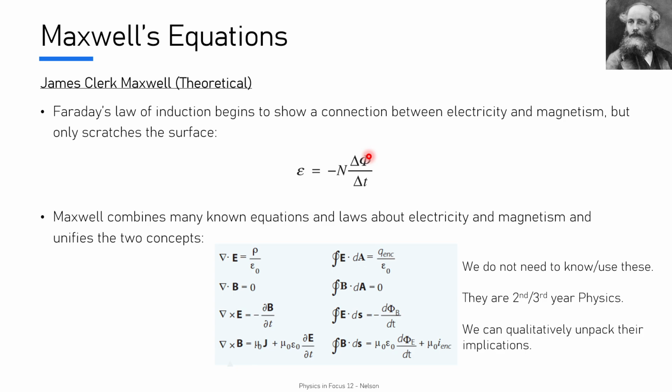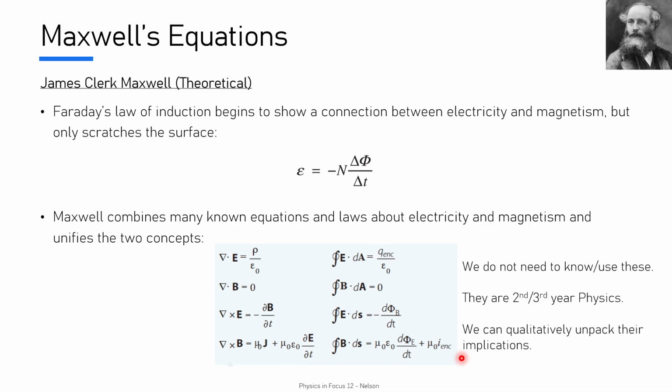Maxwell's work was able to combine many known equations that described electricity and magnetism and unified the two concepts. We will unpack the consequences of some of these formulas a little bit more in class, but please let it be known that you do not have to unpack these in any amount of detail, certainly not apply any of them. The kind of maths behind Maxwell's equations would be seen in a second or third year physics course.